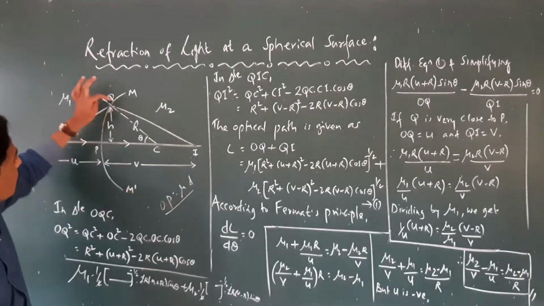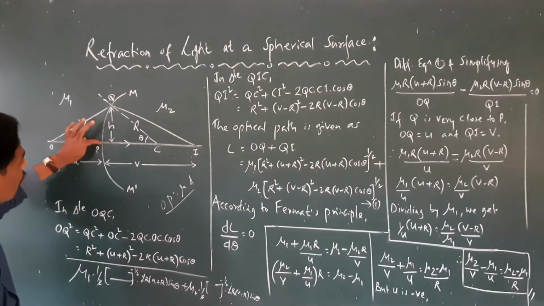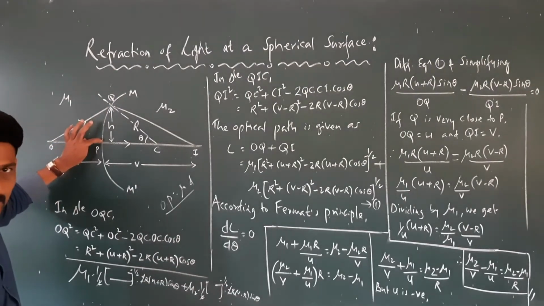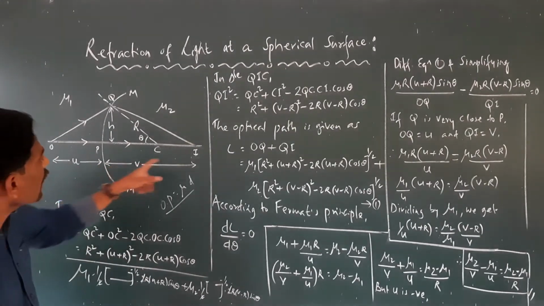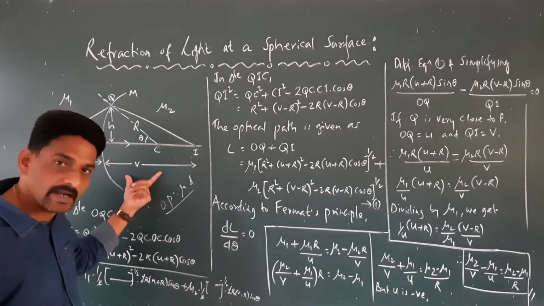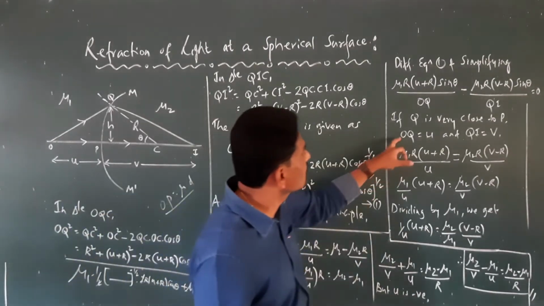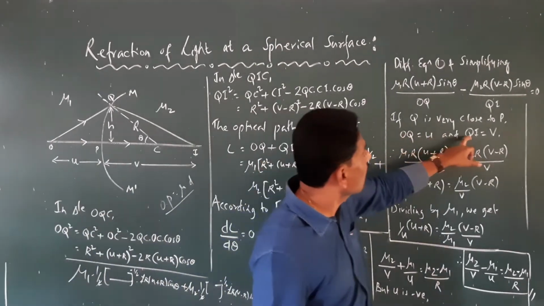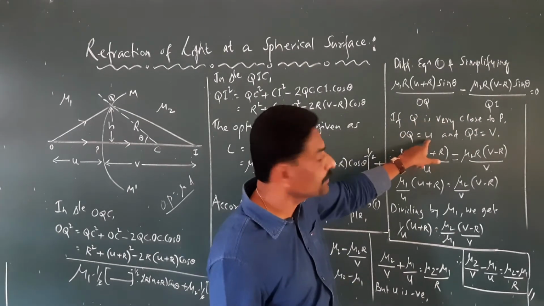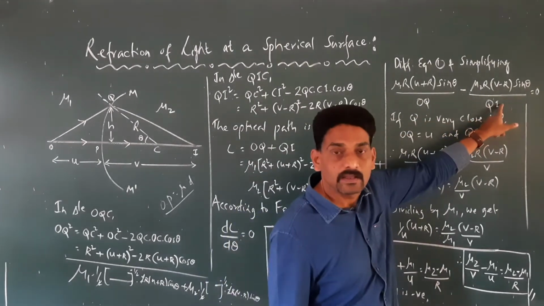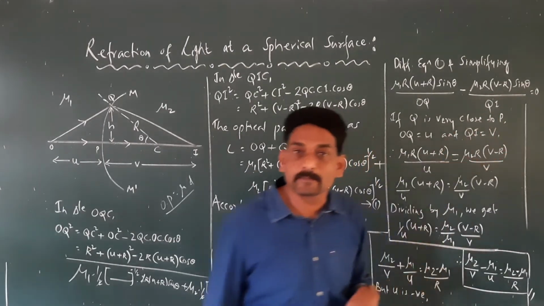So if this point Q is very close to the point P, then OQ is going to be u and QI is going to be v. So we are replacing this OQ by u and QI by v.